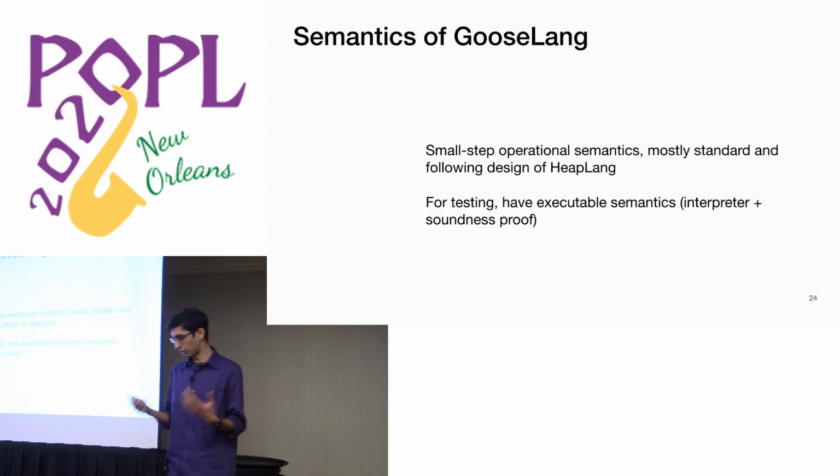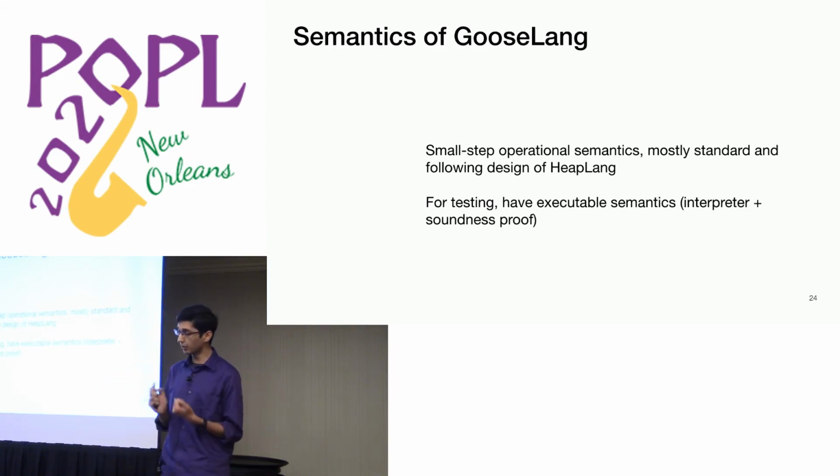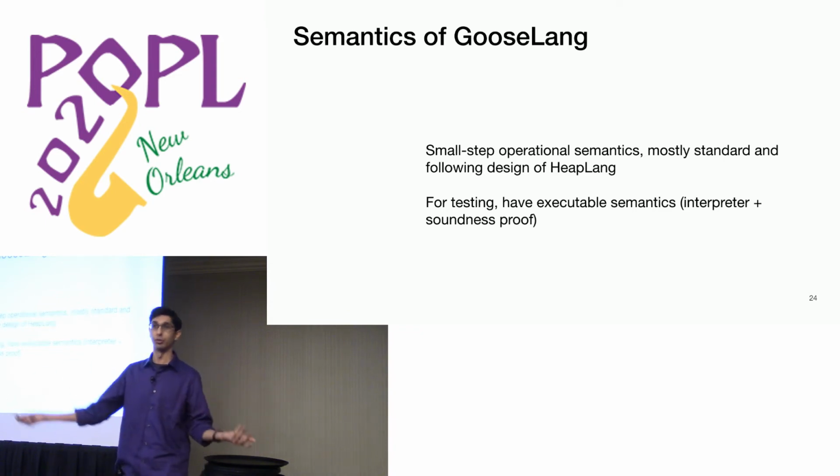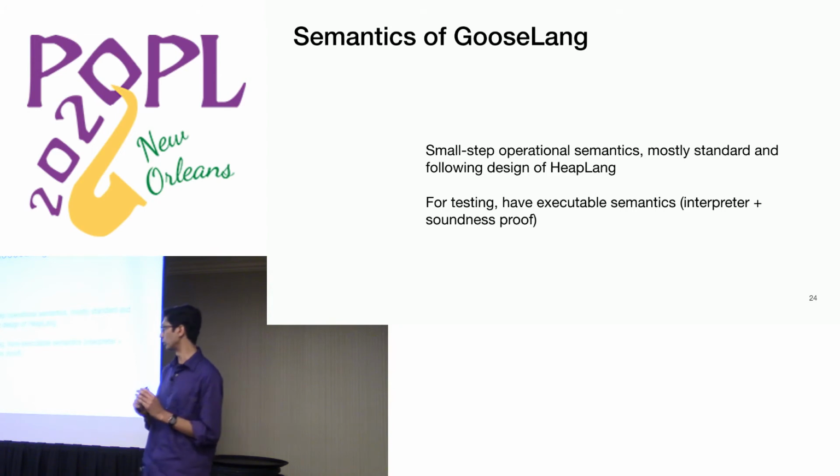So far I've just informally talked about the semantics. We give GooseLang a standard small-step operational semantics over some state. Again, it's basically HeapLang, but we have some extra state to track these non-atomic loads and stores. We also have external state that is manipulated by the semantics of the external operations.